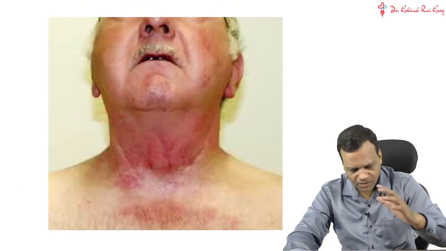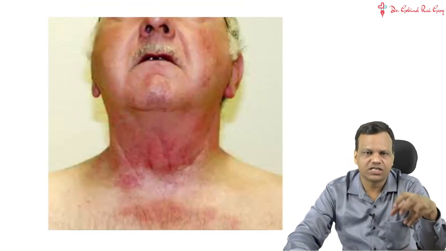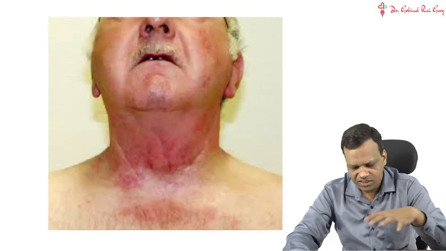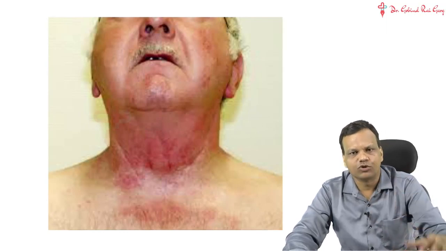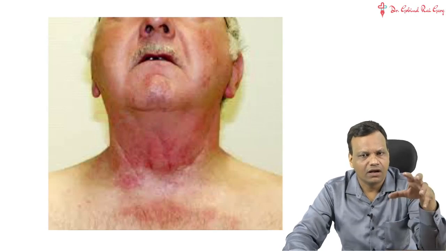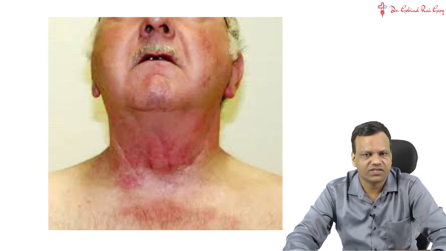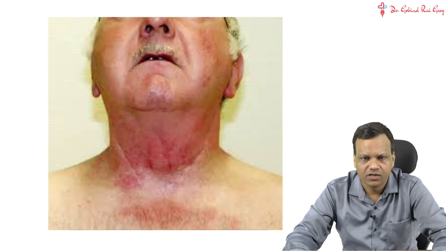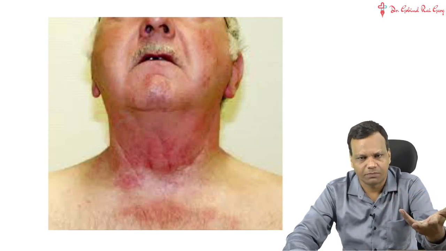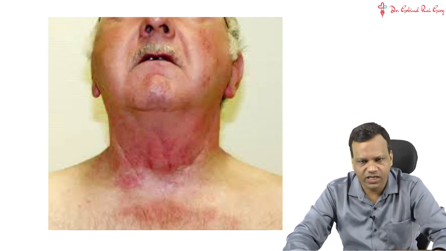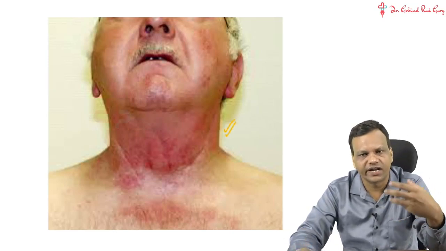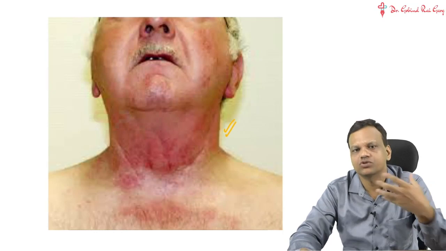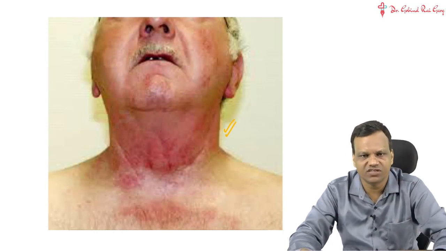Okay. Now from the image you cannot find out, but from the history you can find out this thing. This person was treated for laryngeal cancer by radiotherapy. After 6 months, when the cancer was not responding properly, this person was started on chemotherapy. So when the person was given chemotherapy, there was a reaction seen on those areas where radiotherapy was given earlier. So you can find the redness which is present on the neck.